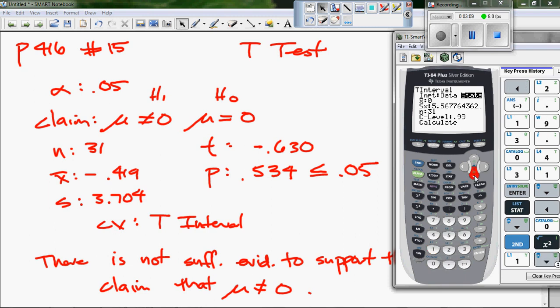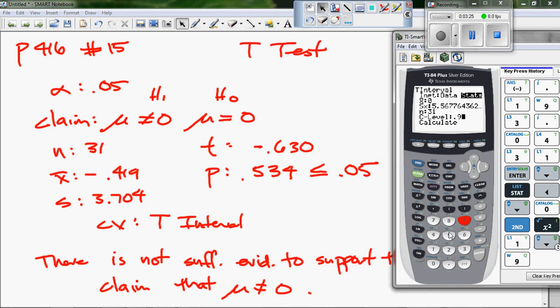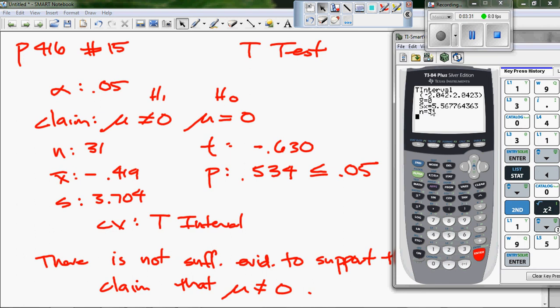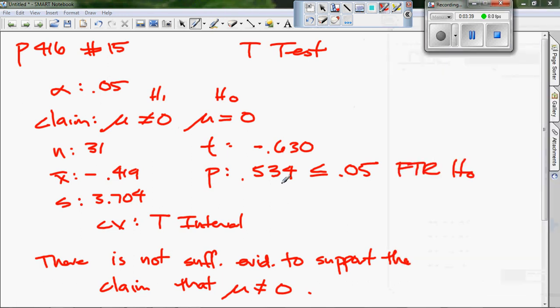The critical value is in both tails, so the confidence level will be 1 minus alpha. 1 minus 0.05 is 0.95. Calculate. And we're going to have positive and negative, since the critical value is in both tails, 2.04. Alright, all done with number 15 on page 416.